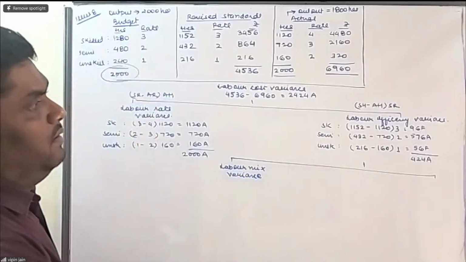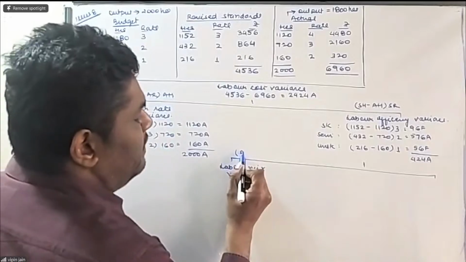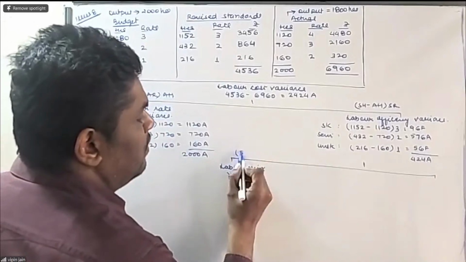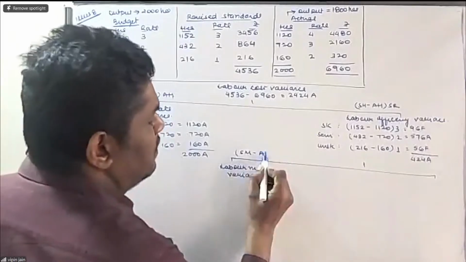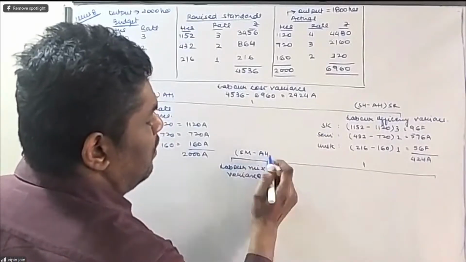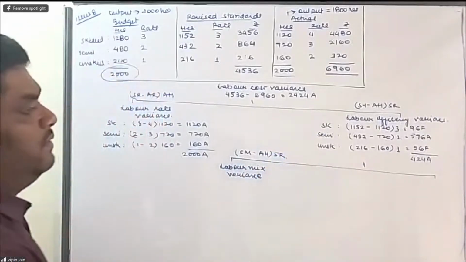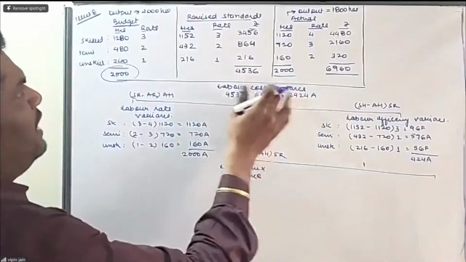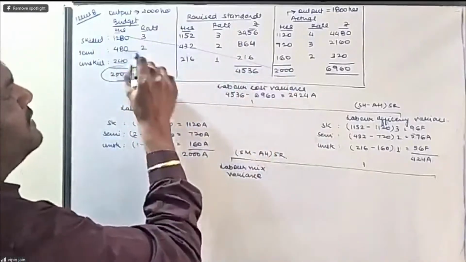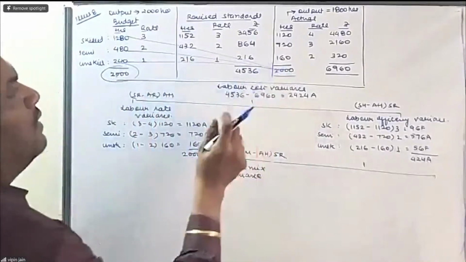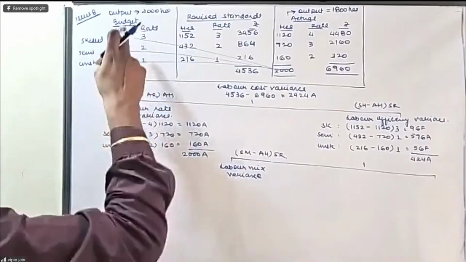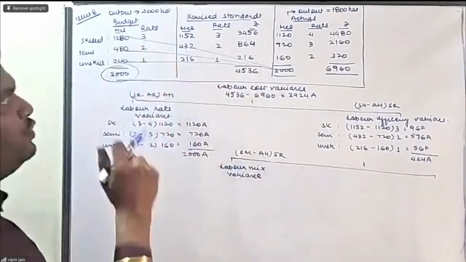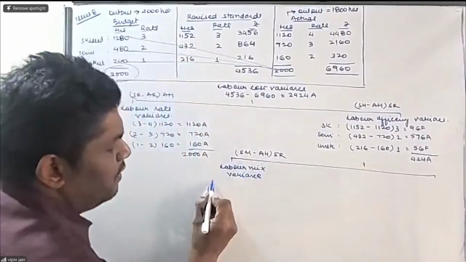Mix variance. So again, standard mix minus actual hours into standard rate. So this 2000 should be in the ratio of 1280, 480 and 240. Anyways, the total is 2000. So what should the ratio of 2000 have been?